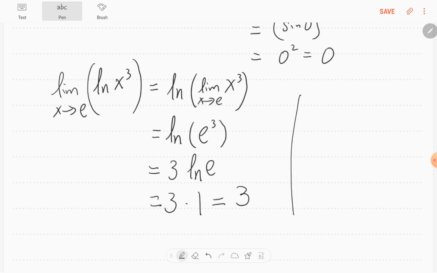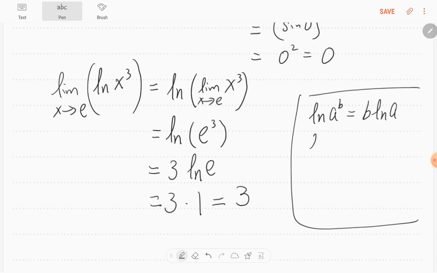So here is some quick review for the natural log. Natural log of a to the b's power, using the law of logarithmic functions, is b times natural log of a. Natural log of 1 is equal to 0.